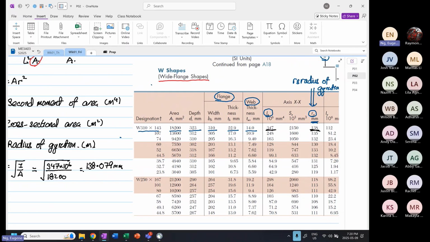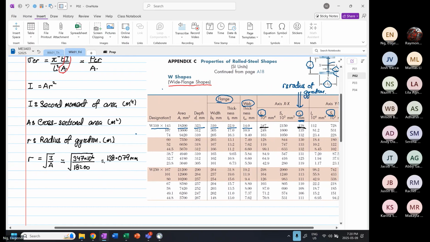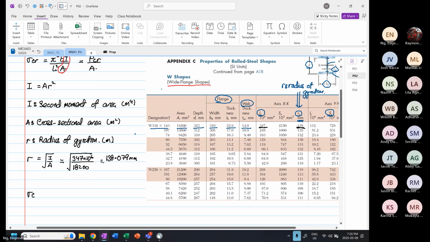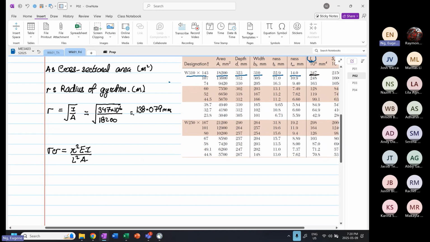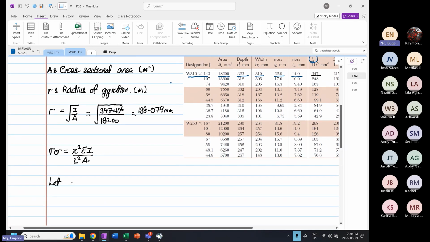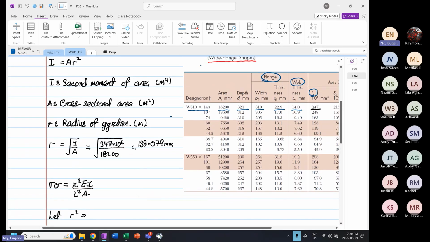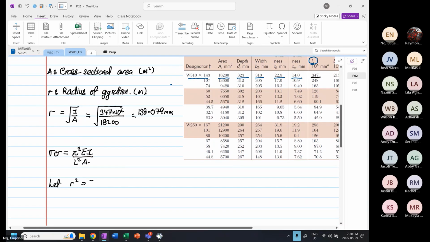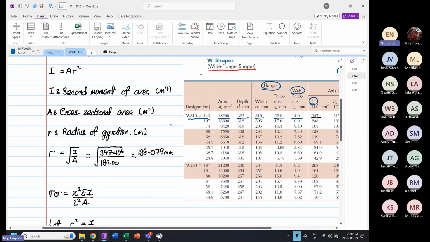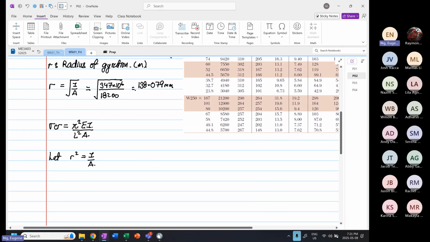But how does this affect buckling? Coming back to over here, we know that the critical stress will be equal to pi squared EI over L squared A. We are going to substitute: let R squared be equal to I over A. So therefore, the critical stress will be equal to pi squared E R squared over L squared.